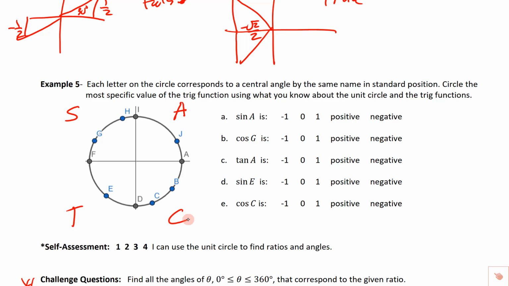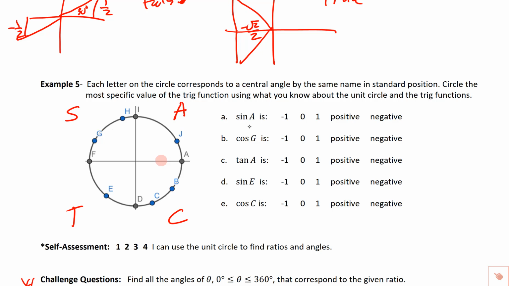It just says each letter on the circle corresponds to a central angle by the same name in standard position. So J represents a central angle right here, and we'll call that angle J. That's going to be the measurement for that one. And it says, circle the most specific value of the trig function using what you know about the unit circle.